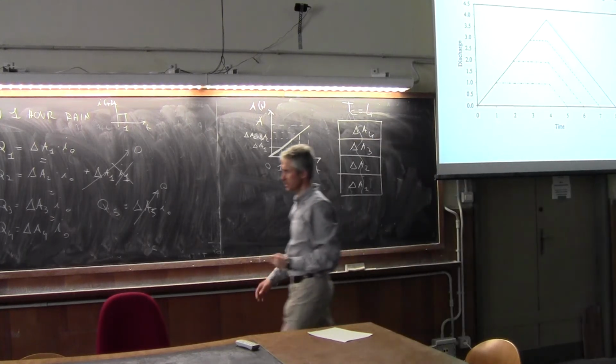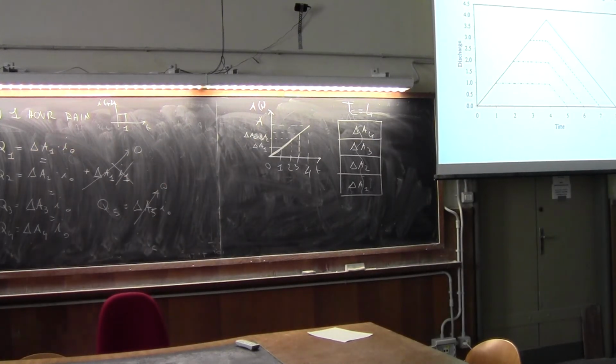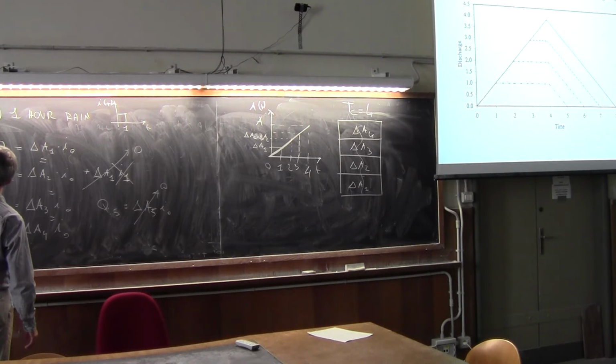Okay. Then Q3 is equal to delta A3 I0 plus delta A2 I1 plus delta A1 I2.